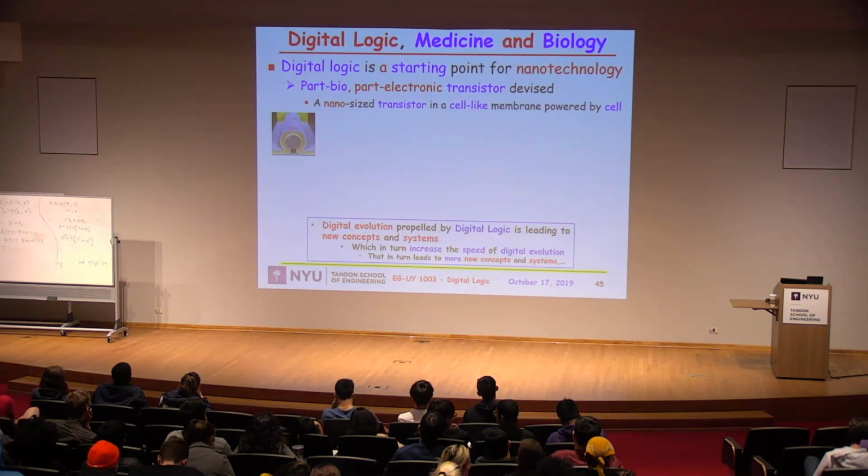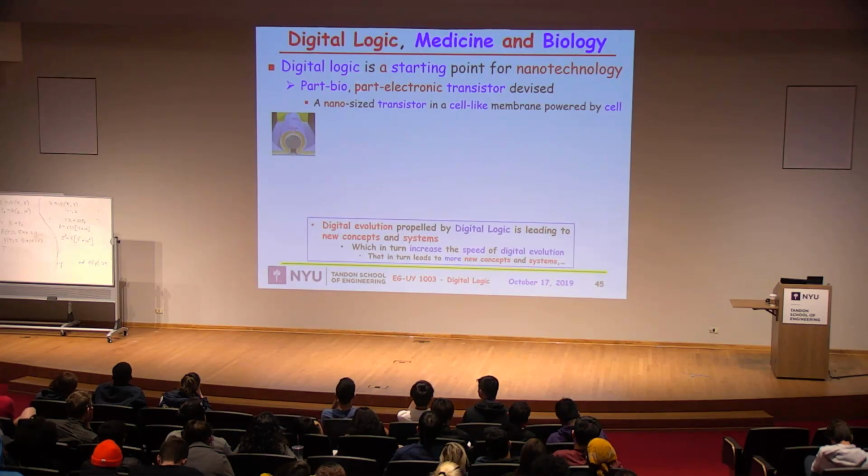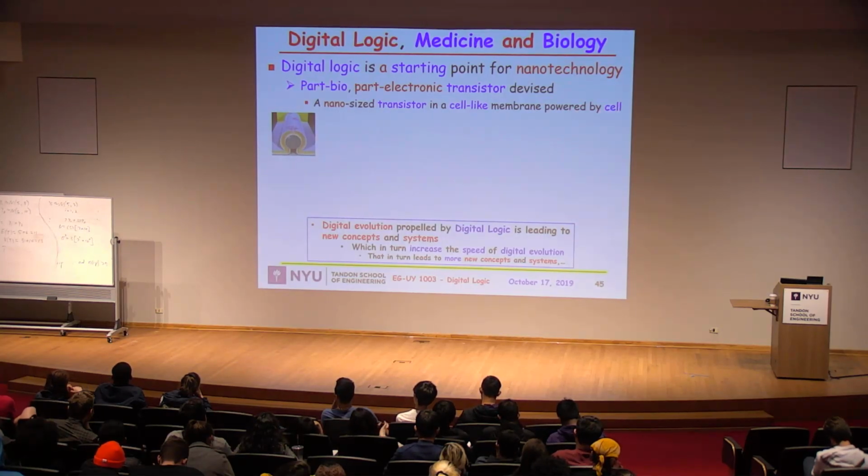So everybody, here is something you may be wondering: how come we are talking about the human body and digital logic? Here is one reason. A part bio, part electronic transistor is devised so that it doesn't need electricity to operate, but uses the power given by the biological cell. The cell gives the power to this transistor.